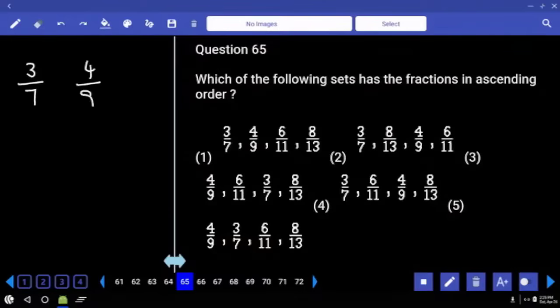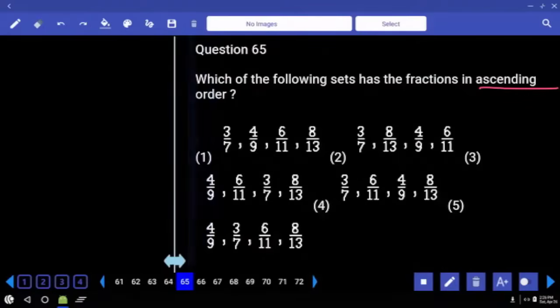If you want to compare them, go for cross multiplication. 3 into 9, 27, 7 into 4, whatever the relation is among the new numbers, that is the actual relation between the two fractions. Understood? To compare fractions, remember, go for cross multiplication. That's all. Is that okay?